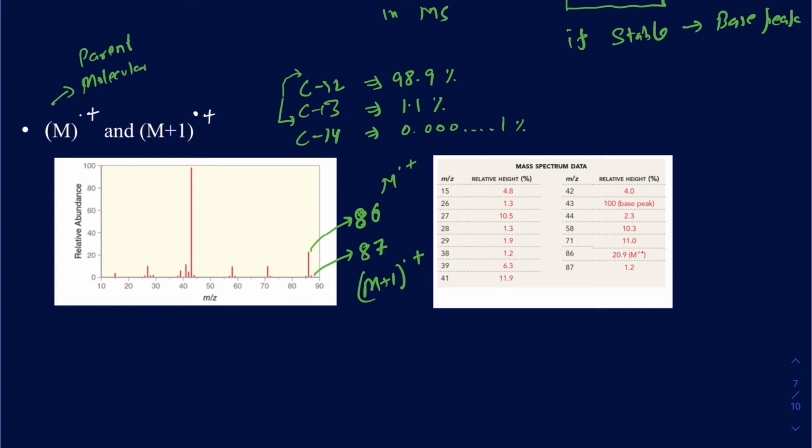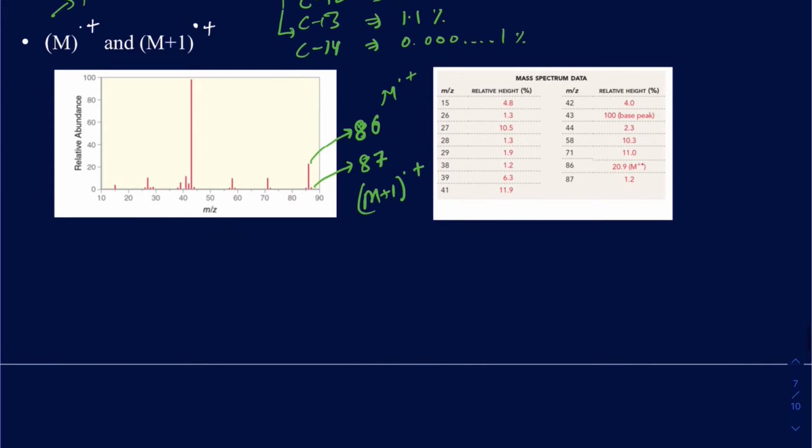And this actually does have very useful information. I'll talk about how you can use this M+1 peak to determine the formula of the compound. But before that, I will show you how to predict the formula of the compound if you don't have information about the M+1 peak. The molar mass of this compound, we now know, is 86.